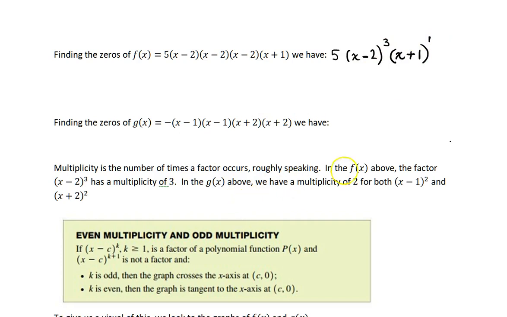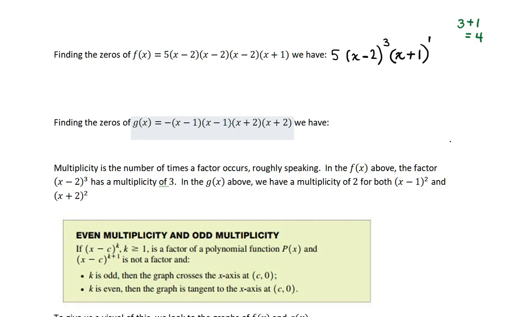If we just take a moment and pause and think, for my degree, I have a 3 plus a 1. That's going to give me my degree of 4, which is what we would expect. We have x and x and x and x, so you should have something to the 4th power, and that gives us our degree.